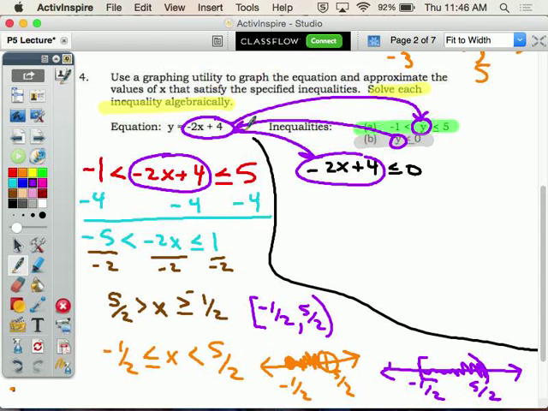At this point, I'm going to subtract 4 from both sides. And I have negative 2x is less than or equal to negative 4. And then again, to get rid of that negative symbol, I'm going to divide by negative 2. And my symbol flips. So I have x is greater than or equal to positive 2.